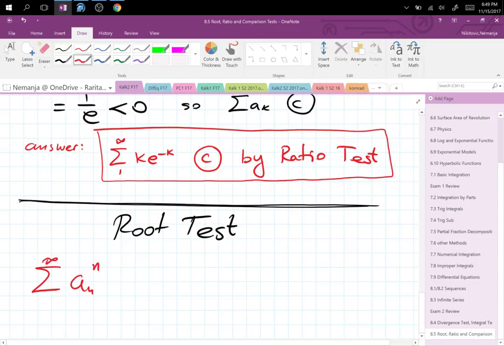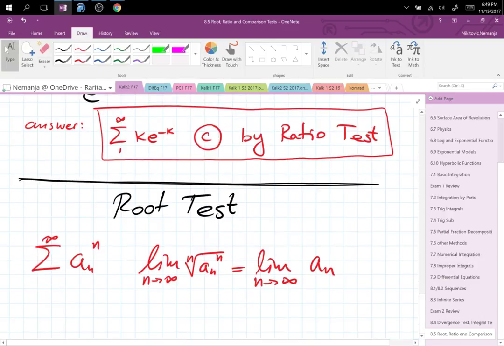So now you will apply the limit as n goes to infinity of the nth root of a_n to the n, which is technically just the limit as n goes to infinity of a_n in this case. Which again has 3 outcomes: less than 1, converges; more than 1, diverges; equal to 1, inconclusive.